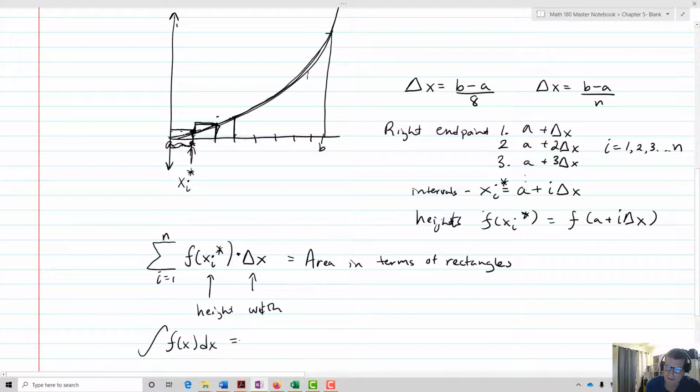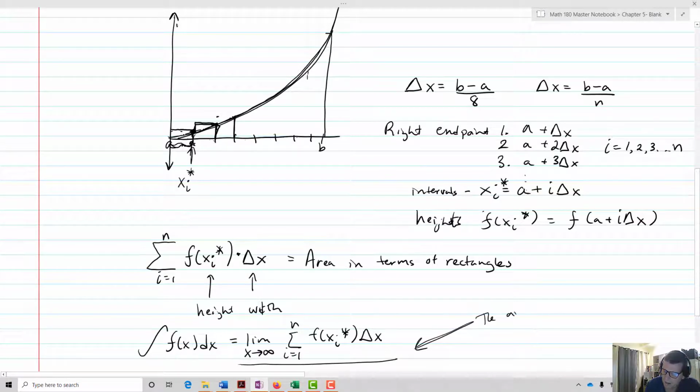That's going to be the one where we have tiny, infinitely small little rectangles that we end up accumulating over an entire interval. It is going to end up equaling the limit as n approaches infinity of this summation, the summation of i equals 1 up to n of f of xi star times delta x. And so this is the area when I have an infinite number of rectangles.